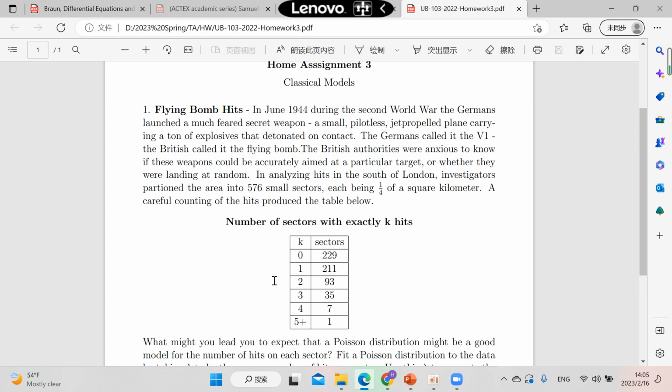Like if you toss 1,000 times, or you toss a coin 10,000 times, no matter how large your sample size is, you have to use a binomial distribution because the probability is not small enough. The probability of a head is a half. The probability of a tail is also a half.